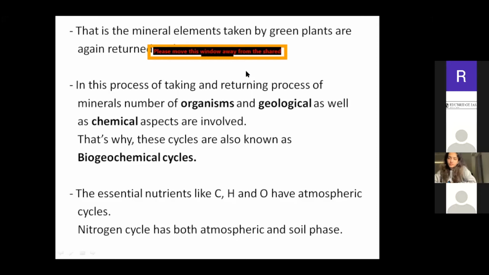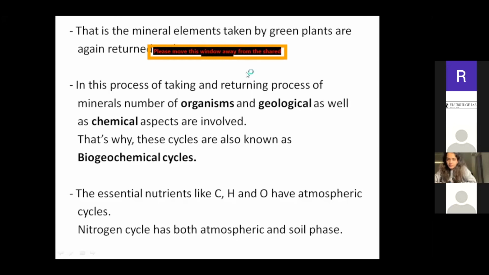mining. And as those nutrients are weathered or mined from the soil or rocks, part of it is washed away into the oceans, and it gets accumulated in the ocean floor. And that particular part of those sediments like phosphorus or sulfur will be washed off, or it will not be available for the use of plants or animals.